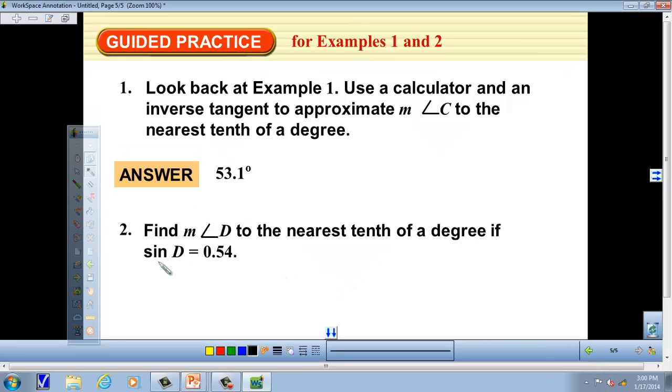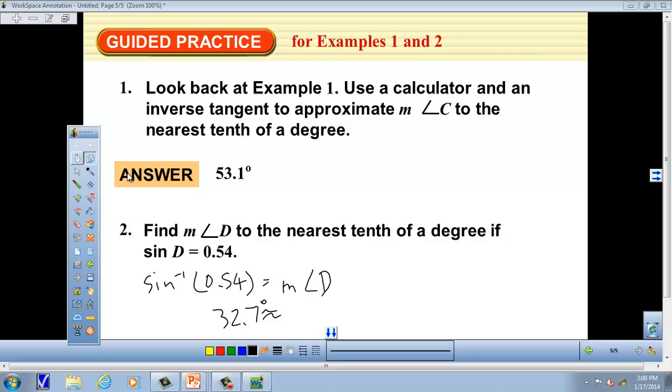So again, since that's true, we can say that the inverse sine of 0.54 is equal to the measure of angle D. I'm going to do inverse sine on our calculator. We end up with approximately 32.7 degrees. And that's it. Thanks.